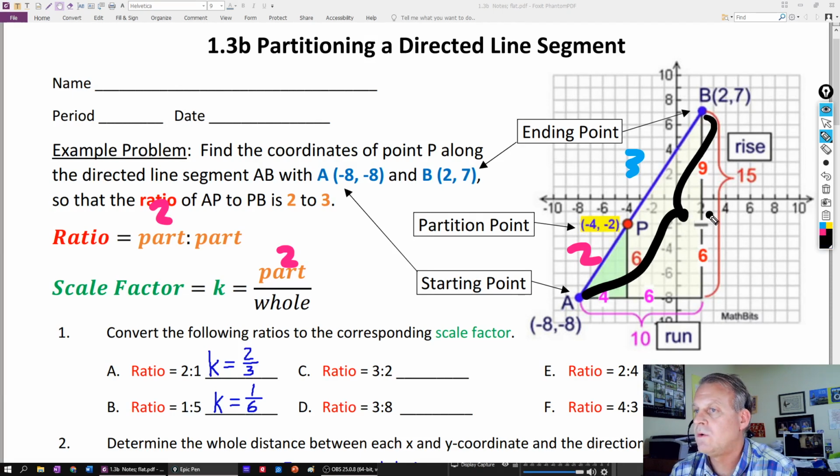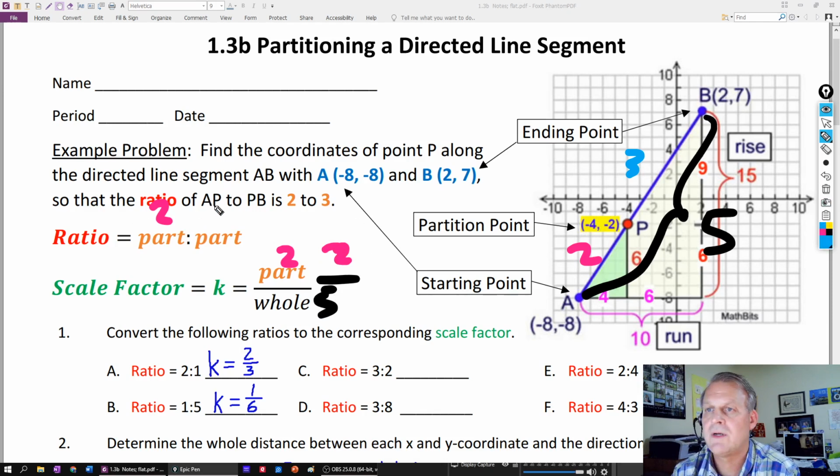So the whole is going to be 5. So we're going to have a scale factor of 2 to 5. When we have a ratio of 2 to 3, that's converted to a scale factor of 2 over 5.